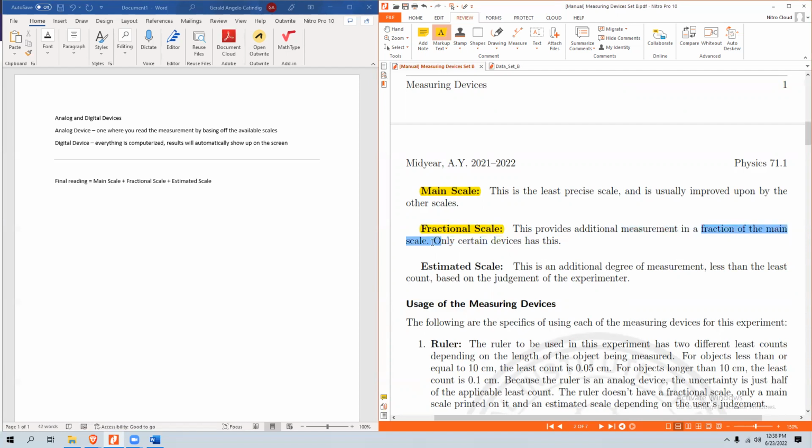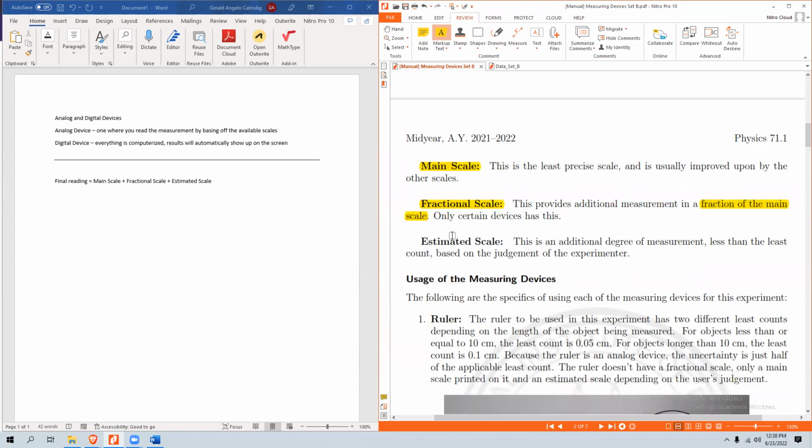This one is important. Only certain devices have this. And lastly, you have here your estimated scale. This is an additional degree of measurement. And just like the name implies, it's not just up to your device, but rather up to your personal biases when you estimate a certain degree of precision for your measurement. So it's based on your judgment.